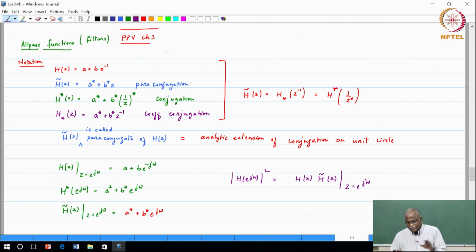Writing it mathematically, saying that something is the analytic extension of conjugation on the unit circle, sort of takes it to the next level. Instead of just writing H conjugate e^{jω}, often we are interested in magnitude squared, which means it is the product of H and H star. Everywhere other than the unit circle, you will have to represent it as H of z and H tilde of z. Okay. So that is a useful representation for us, and we would like to keep that picture in mind.